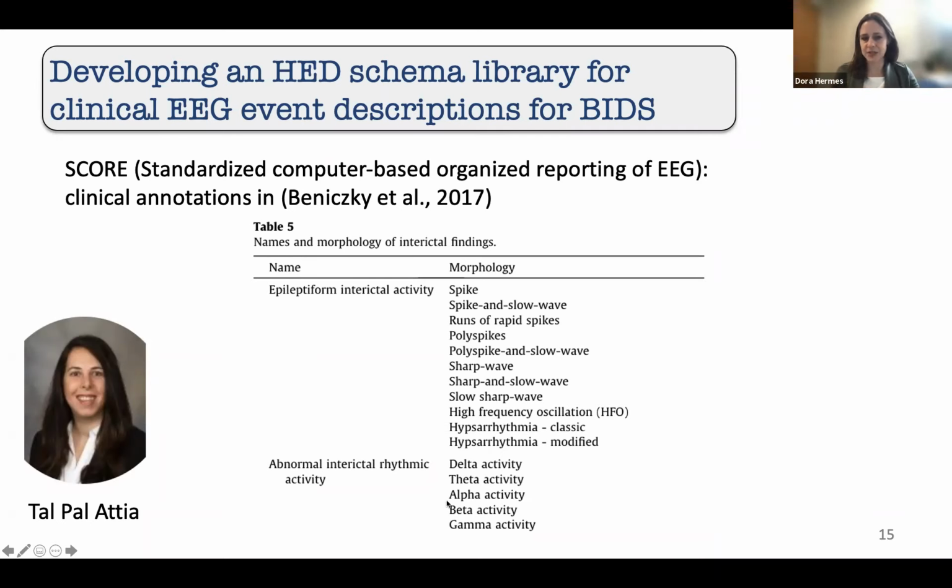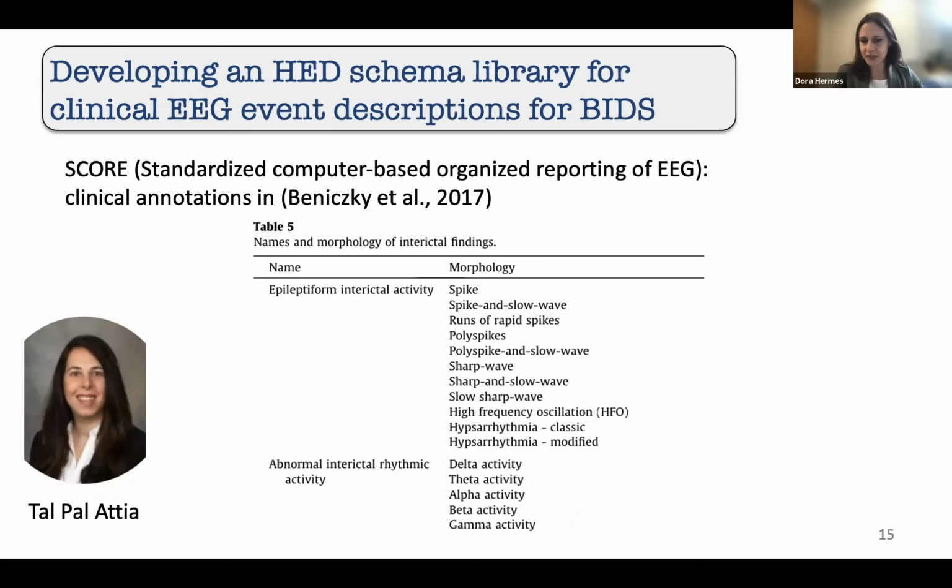But you see that there's dashes somewhere, there's a space and a dash. There's not a lot of standardization with which it is described in words in a publication. And now this particular SCORE, standardized computer-based organized reporting for EEG, has been implemented in a standard computer system that you can purchase.